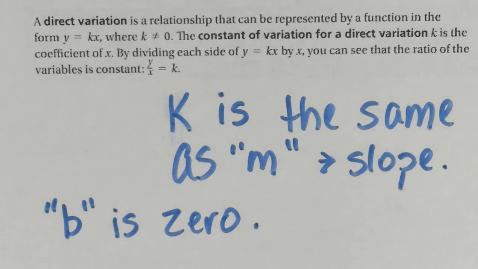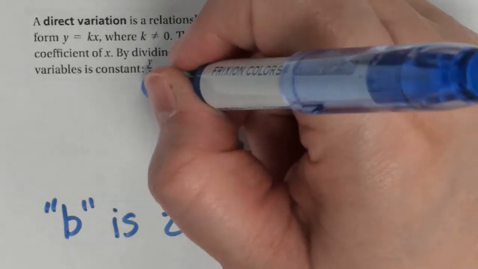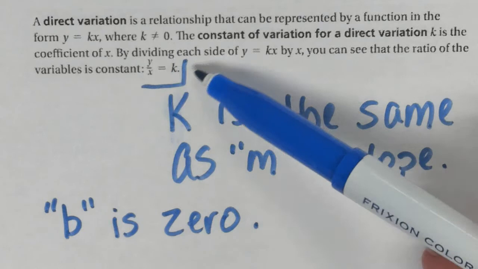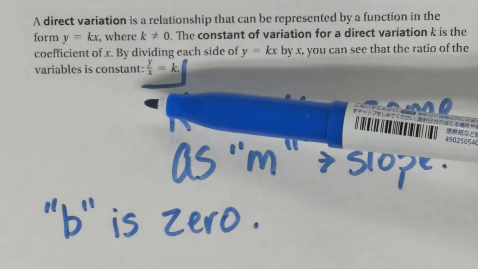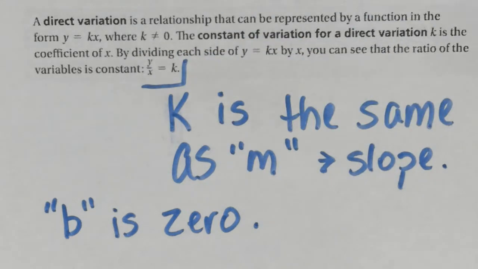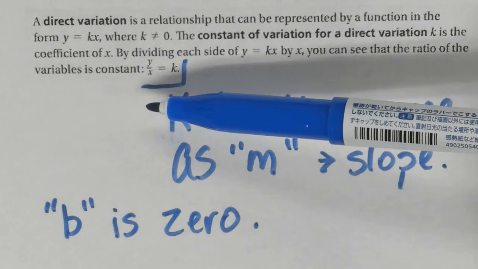A lot of times you will see the equation written like this. This is not the equation that you use to graph, but it is one that you use to solve. Do y'all see how it says y divided by x equals k? This is why they say y varies directly with x. If instead of x and y they use other letters, like a varies directly with b, that means you put a over b.